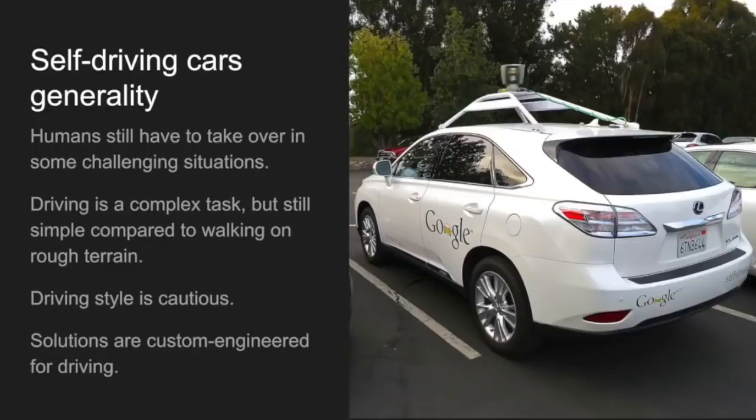This makes sense for deploying anything that has such a high consequence as a car. But from a machine learning side, it means that the solution is actually not as general as it seems. It's very specific to a given car with a given set of sensors, and sometimes even to a given environment.